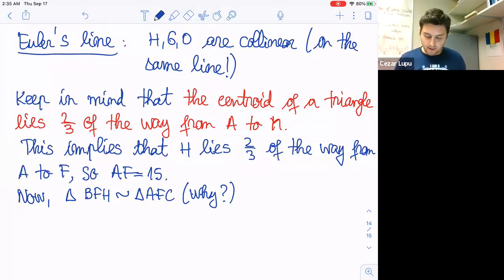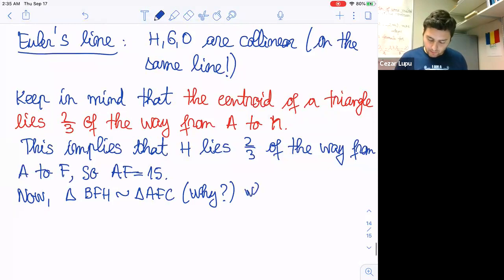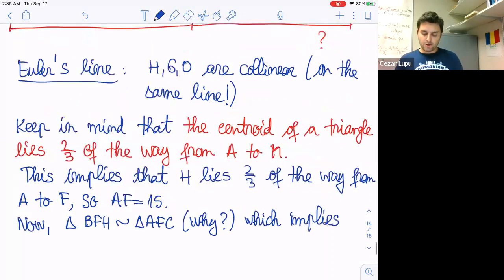And also by this similarity, this implies some ratio.